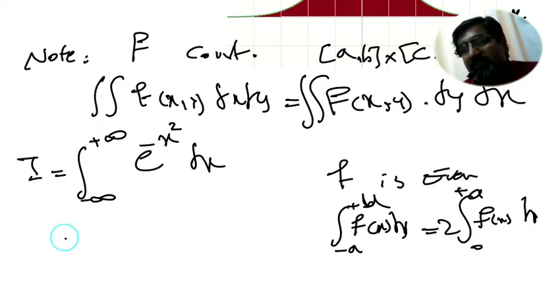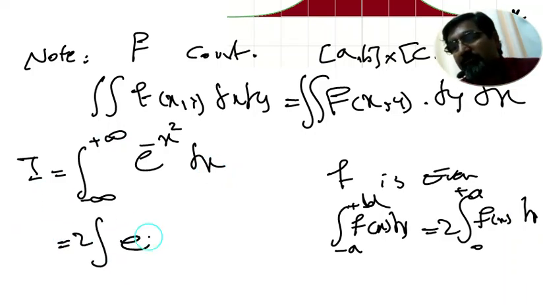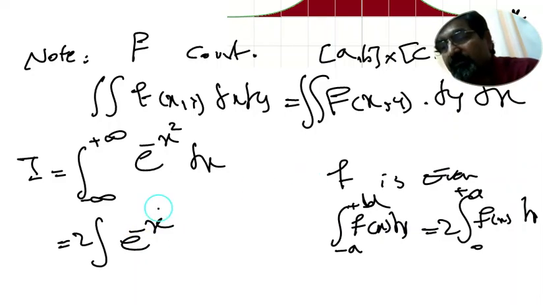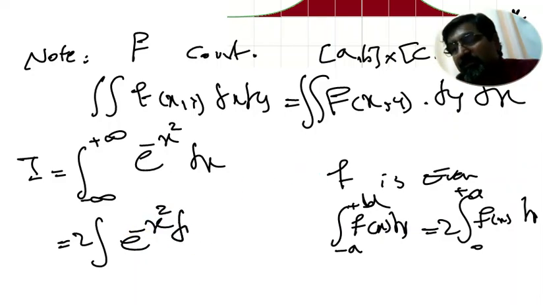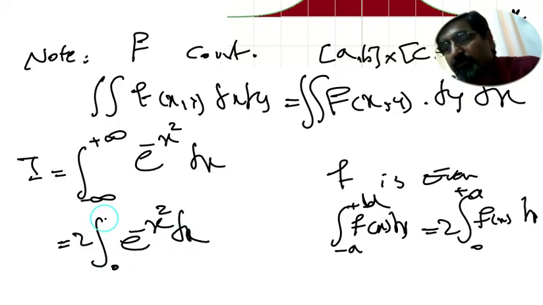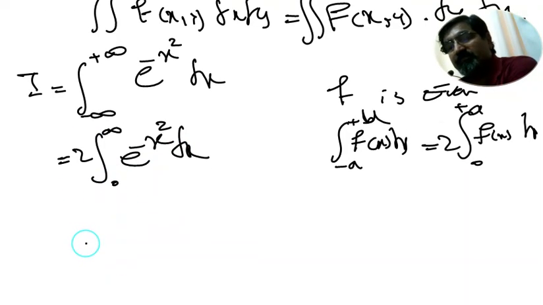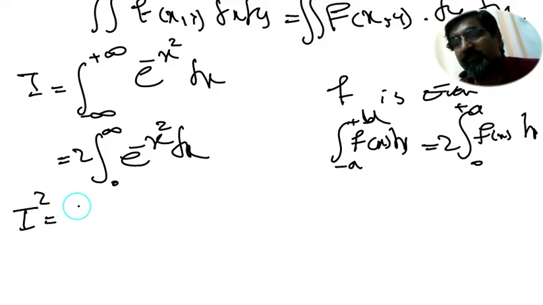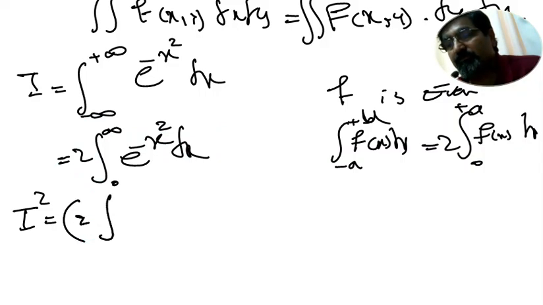So this equals 2 times the integral of e raised to minus x squared dx from 0 to infinity. By this, I squared is the value of this integral multiplied by itself, from 0 to infinity.